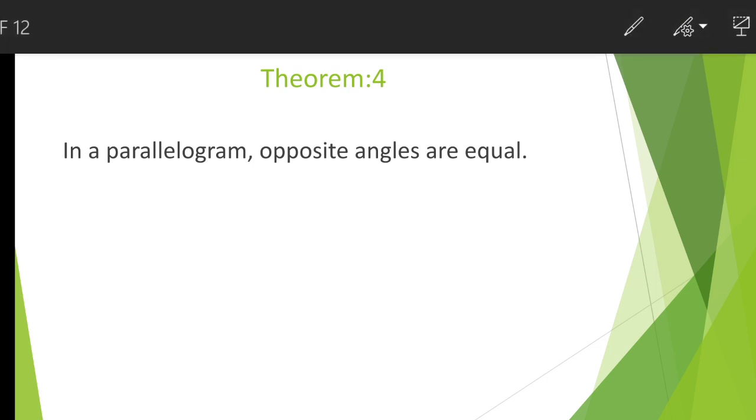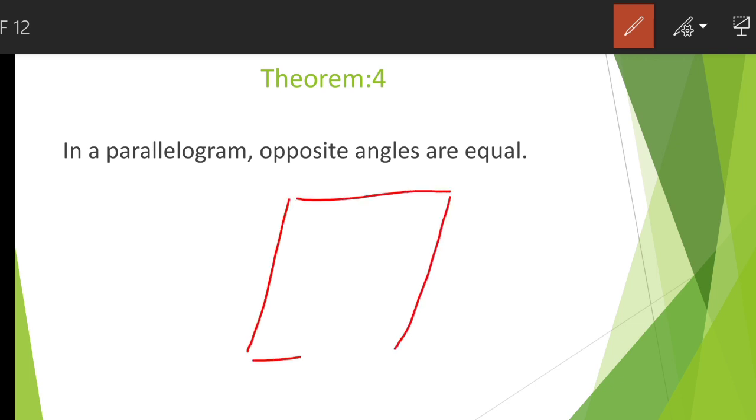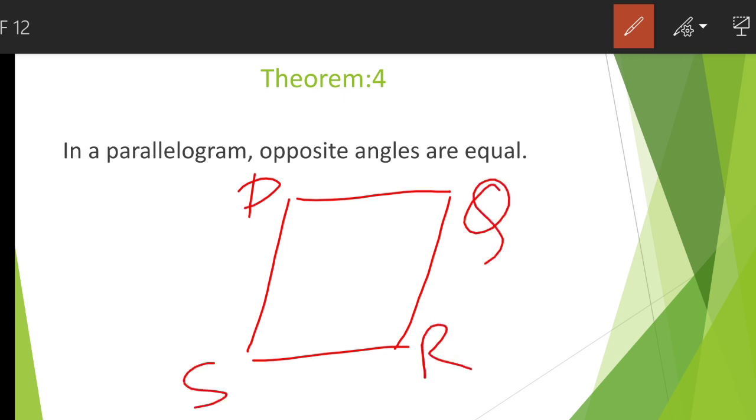In theorem 4, it says in a parallelogram opposite angles are equal. Again we consider a parallelogram PQRS. The opposite angles are equal, that means angle P is equal to angle R, angle Q is equal to angle S. So in a parallelogram, like opposite sides, opposite angles are also equal.